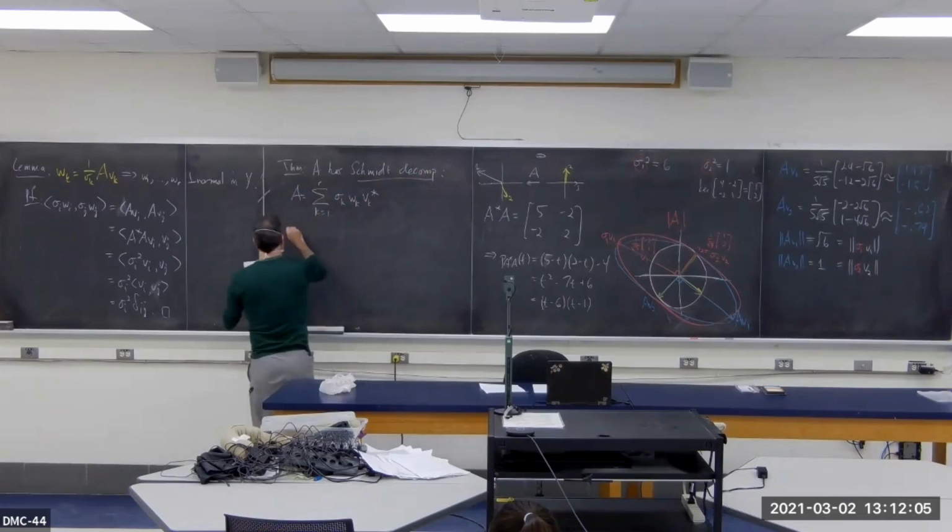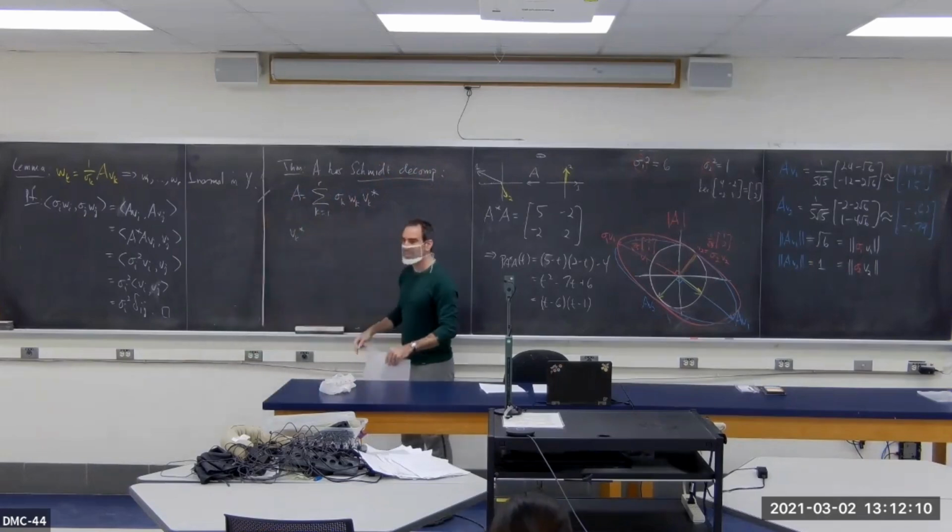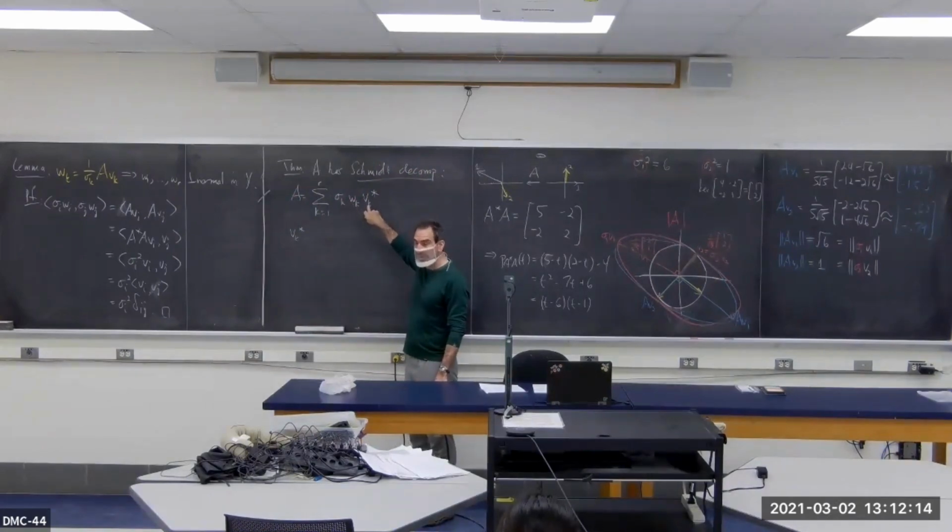And here, v k star, you should think of these if you want as matrices. So the w's are columns, the v k stars are rows. And you're literally just taking scalars times column times rows.